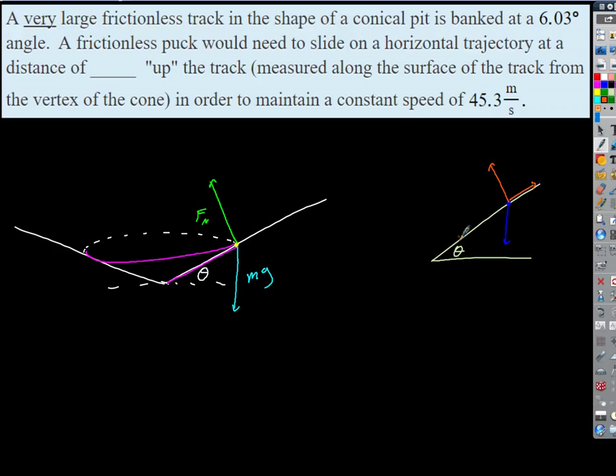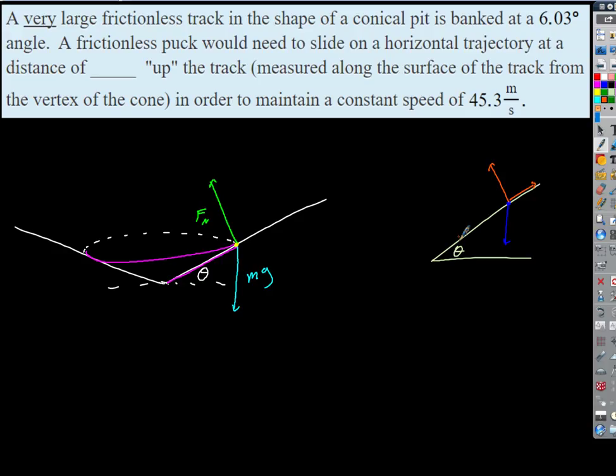Seen from above, if it's moving at constant speed, we know this thing's moving in a circle, in uniform circular motion. If it's moving in uniform circular motion, what kind of acceleration has to be acting on this thing?